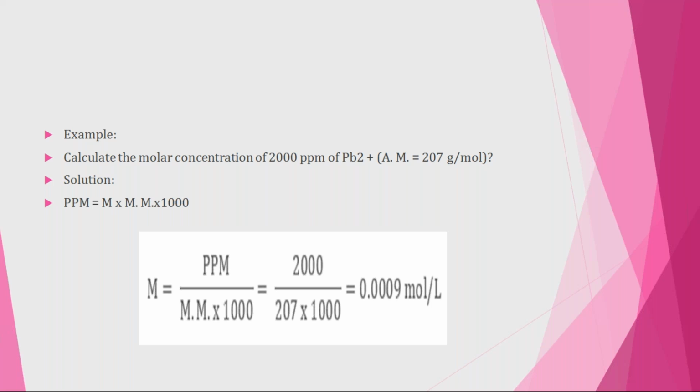So 2000 divided by its atomic weight, that is 207, into 1000. So what do you get? Molar concentration is 0.0009 moles per liter. So you can see how small the quantity is.